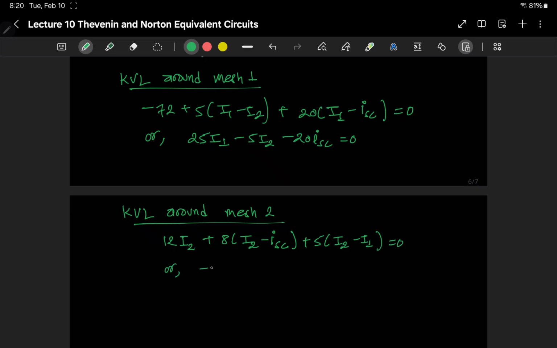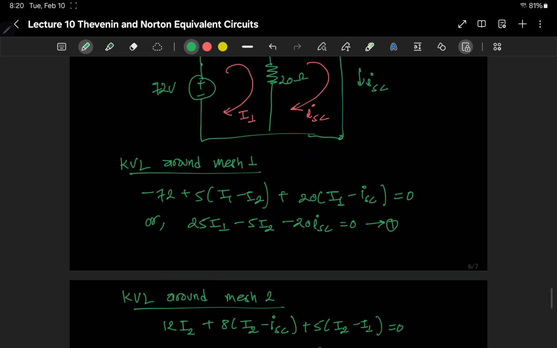We can simplify and we'll get minus 5i1 plus 25i2 minus 8isc is equal to 0. So let's say this is equation 2 and this is equation 1.